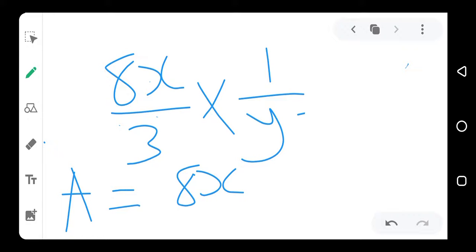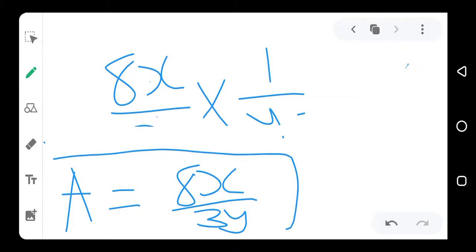So here we have resolved it and put everything in a straight line. This is the equation connecting the variables. A is equal to 8x over 3y. That is the answer to question number A.